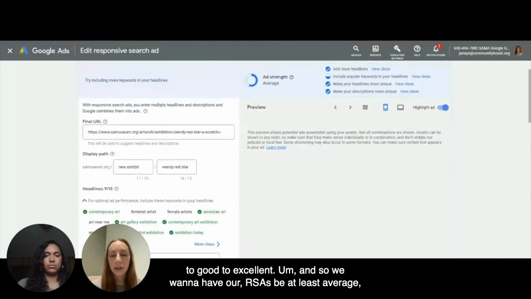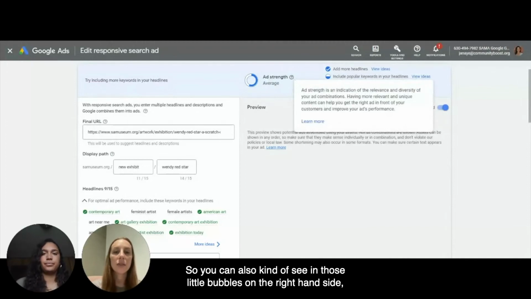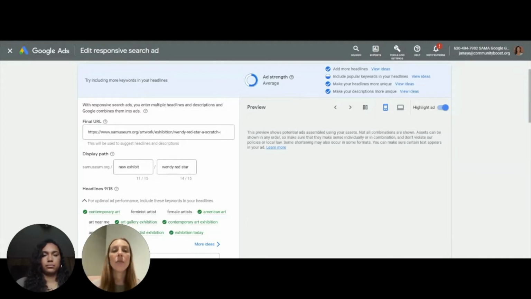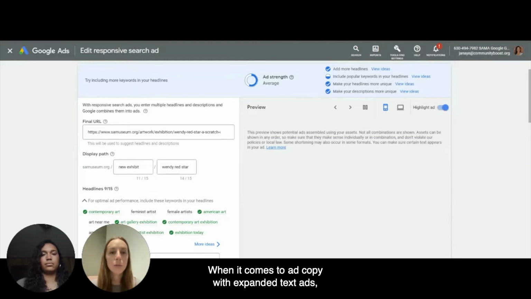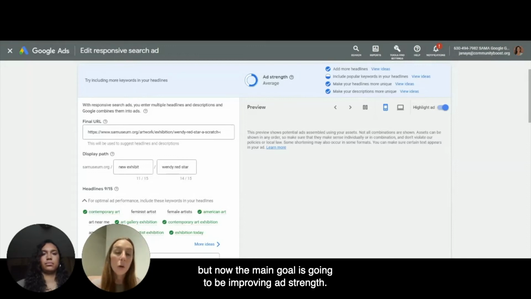And so we want to have our RSAs be at least average, but ideally we want the ad strength to be good or excellent. You can also see in those little bubbles on the right hand side, Google gives indicators of how you can improve your ad strength. So that is the new strategy when it comes to ad copy. With expanded text ads, we would do a lot of A/B testing, but now the main goal is going to be improving ad strength.